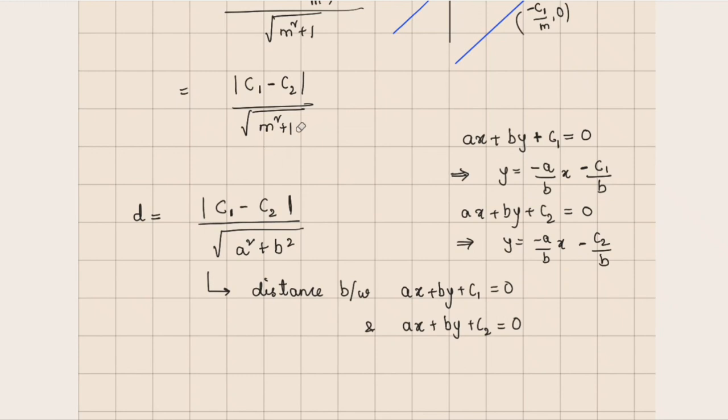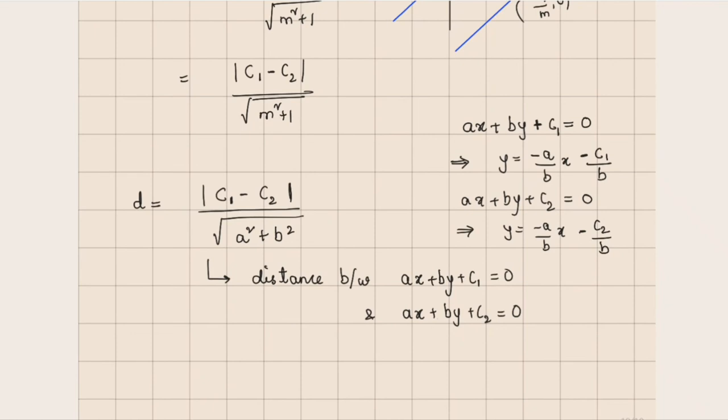If we take b square to the numerator side, we get a square plus b square by b square. Whereas in the numerator, c1 minus c2 is substituted as c1 minus c2 by b, and that b and the b in the denominator cancel. So we get modulus of c1 minus c2 by root over a square plus b square. This is the distance between two lines in general form, where a and b are coefficients of x and y, and c1, c2 are the constants.